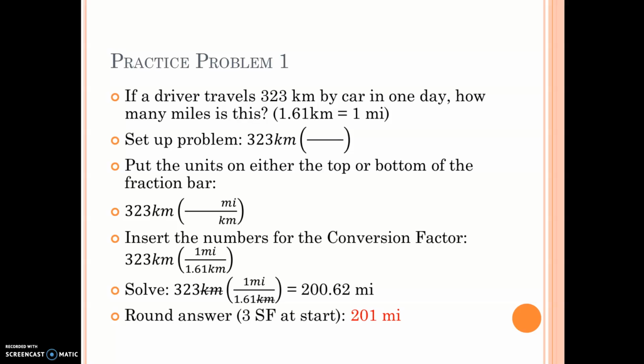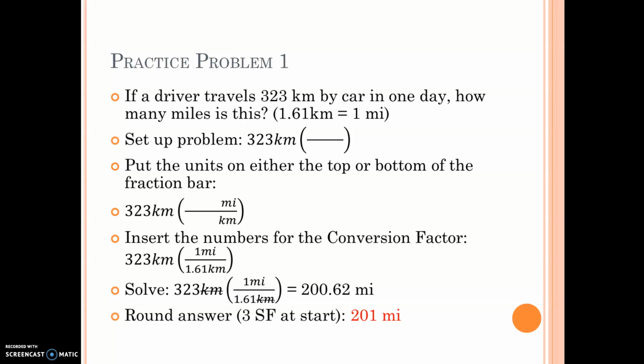The next step would be to put the units in the parentheses. Remember, the units that you want go on top, the units that you have go on the bottom. In this case, we want miles, so the mi will go on top of the fraction, and we have kilometers, so we will put that on the bottom because we want it to cancel out with what we've been given.